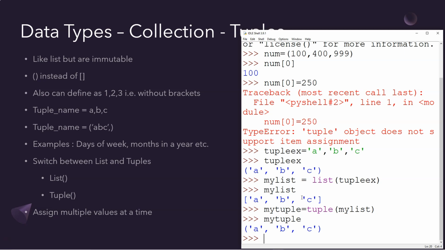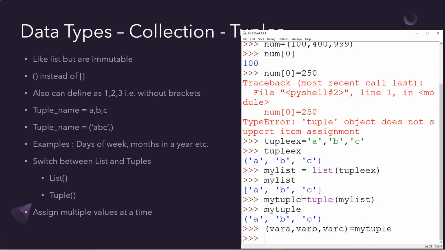And another example where a tuple can be used is especially known as tuple assignment. We can have different variables assigned at the same time using a tuple. So for this example, in my tuple, I have 3 values A, B, C. Let's say I'm defining 3 variables, var A, var B, var C, and I want to assign these 3 variable values from this tuple.